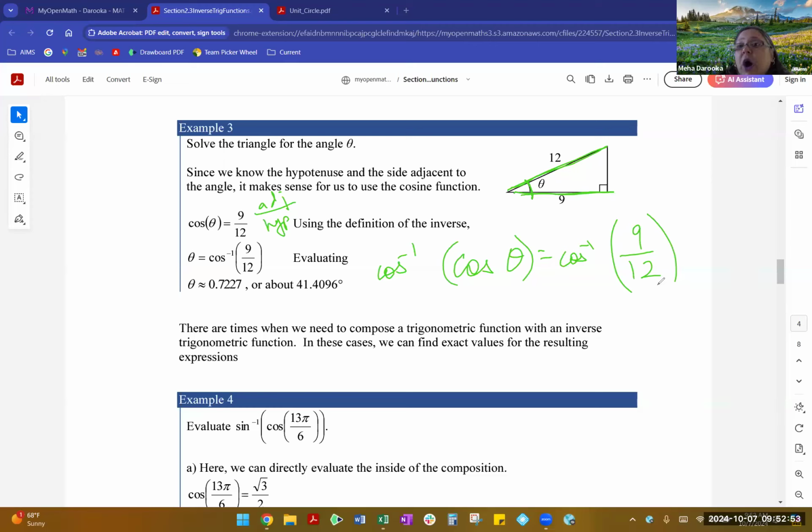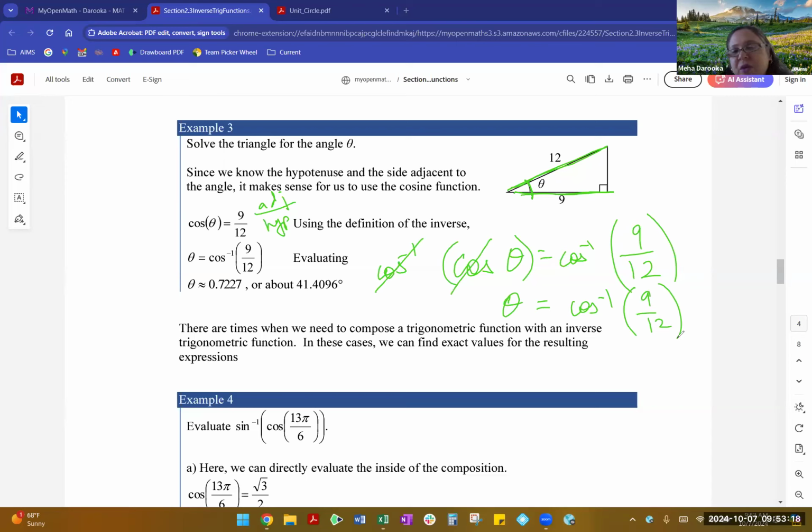So you're using the opposite function. Remember how we talked about subtraction is the opposite of addition, division is the opposite of multiplication. You're using that same idea here. Since cosine and cosine inverse are inverse functions of each other, you get theta by itself, and that's how we land up with cosine inverse of 9 over 12.